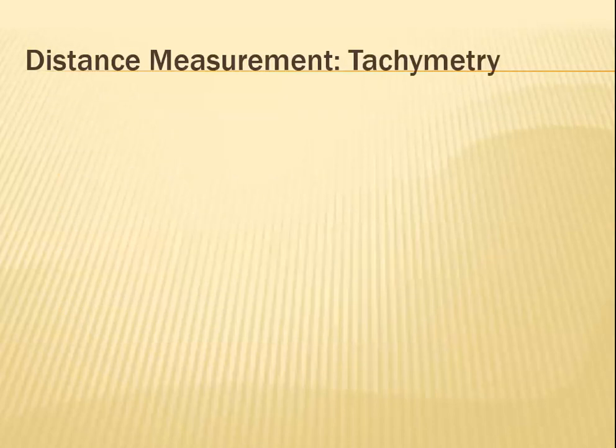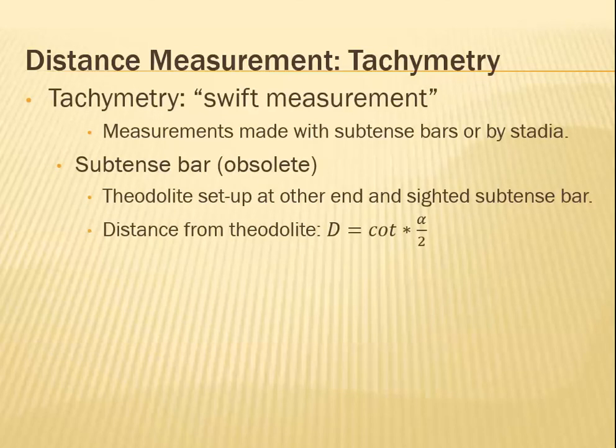Okay, so the next thing is tachymetry. Tachymetry is really a word that means swift measurement, which, if you think about it, means that every measurement we do swiftly is tachymetry. But now in surveying, there's a very specific way of measuring things considered tachymetry. And there's a couple ways to do it.